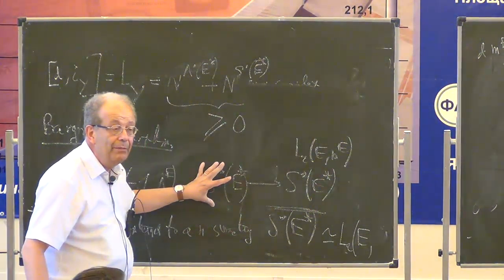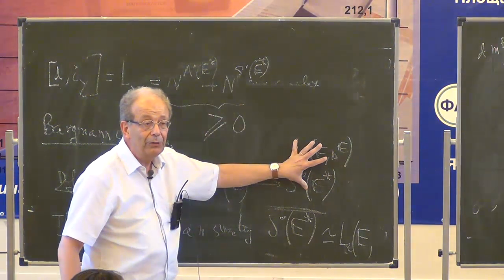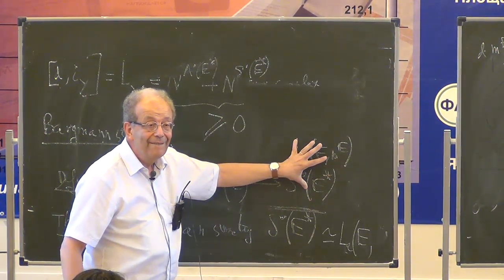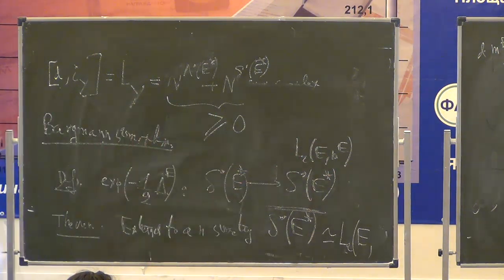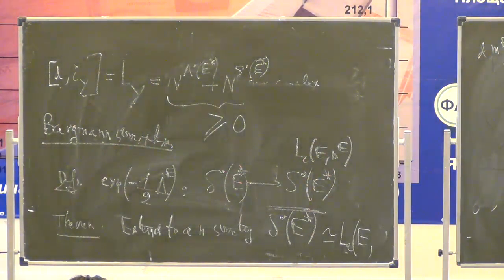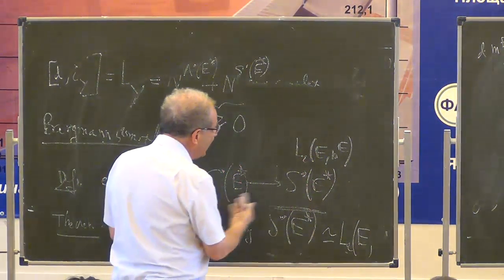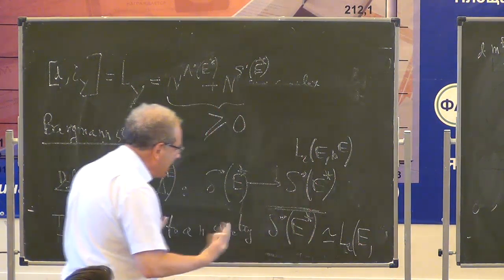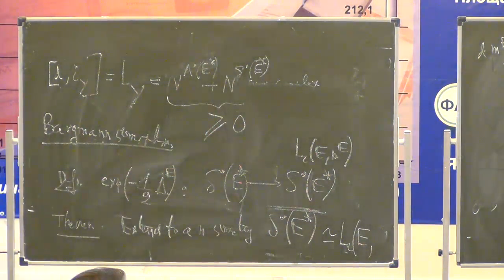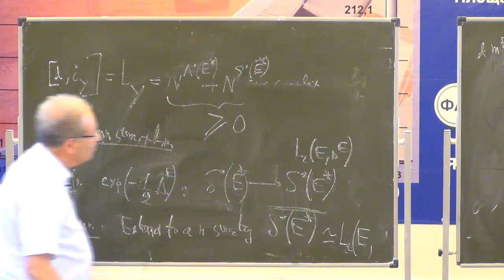The completion of the image is just equal to the L2 of E star. In other words, you could view this as saying that you get from this isomorphism a canonical orthogonal basis of the L2 space from the image of the polynomials.